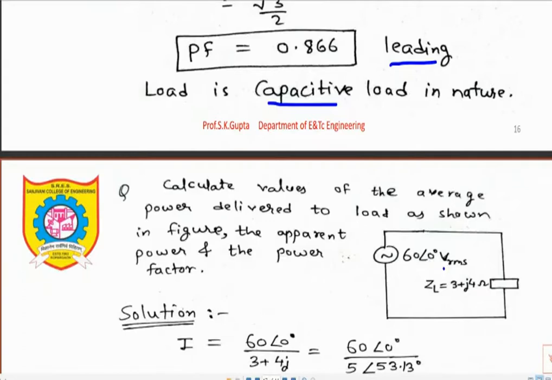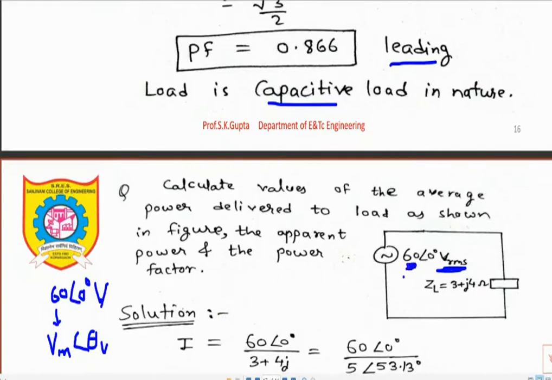And you should pay attention here. It is written here VRMS. If simply 60 angle 0 degree is written, that means it is a peak amplitude. If such type of notation is there, that means this is Vm and this is theta V. And whenever they write 60 angle 0 with VRMS, that means this is an RMS voltage.